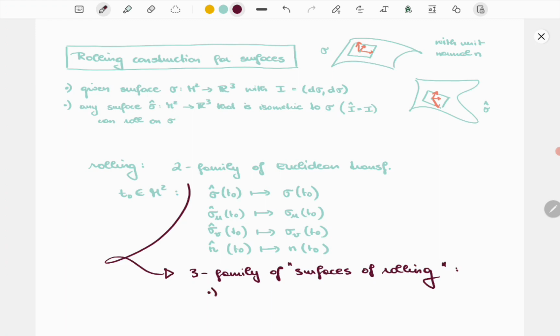And these are determined by the choice of an initial point. Then the trace of P0 under these Euclidean transformations gives a unique new surface.